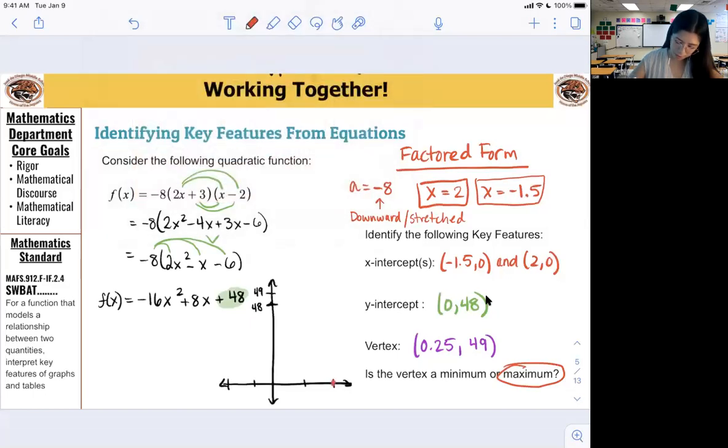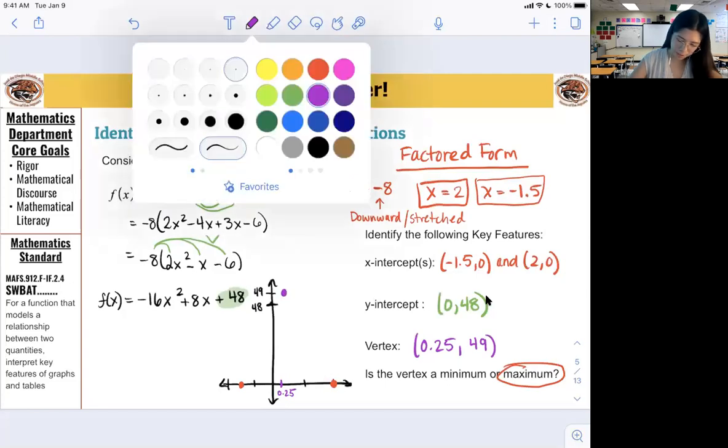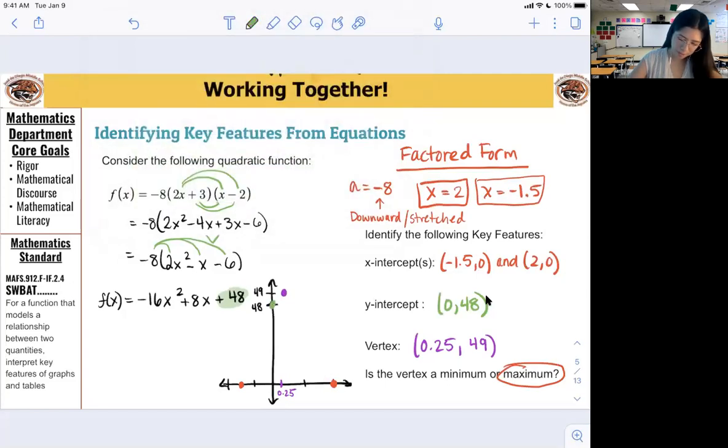So here's my 2. Here's my negative 1.5. My vertex is at 0.25 comma 49. And my y-intercept is at the 48. So now I have all the pieces of my puzzle. Okay. So obviously it's not a perfect drawing, but it would look something like this.